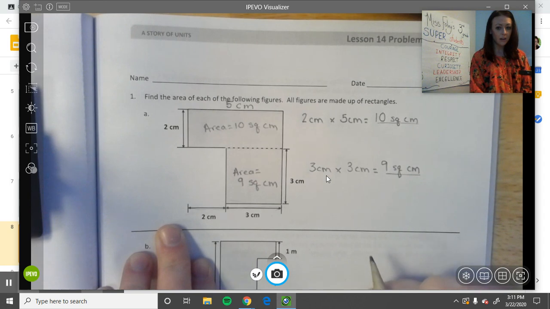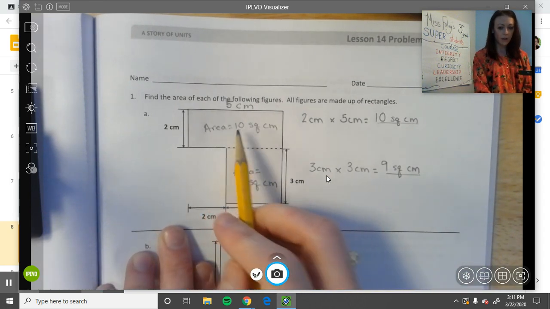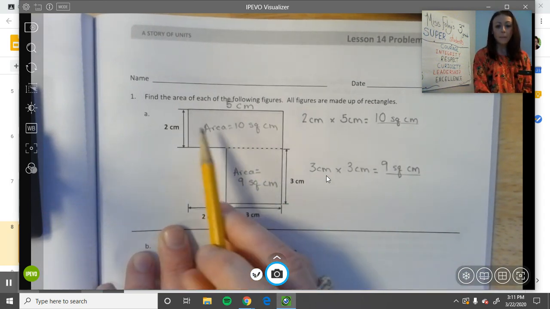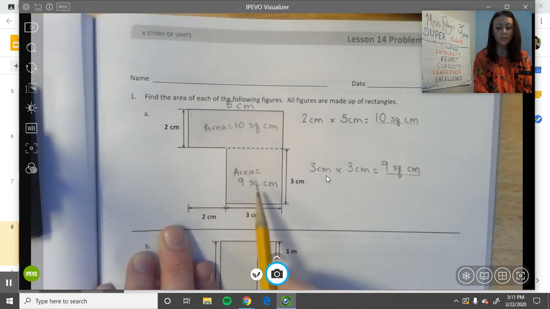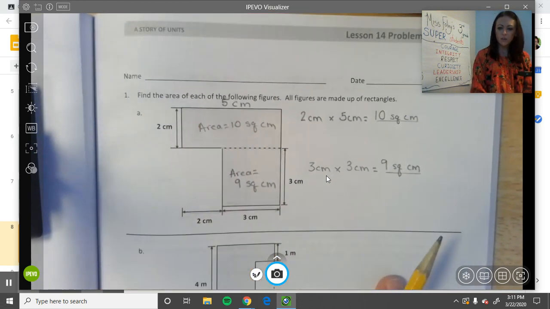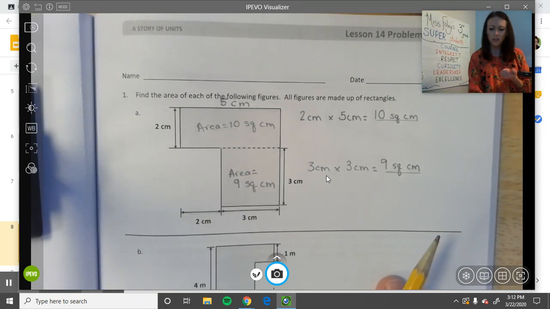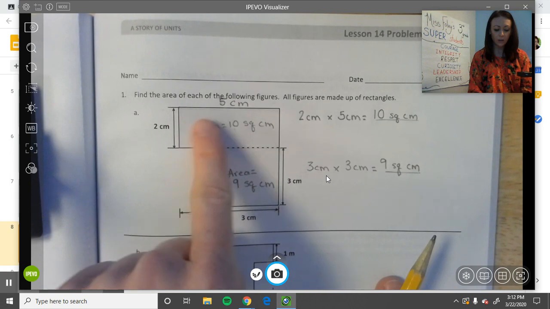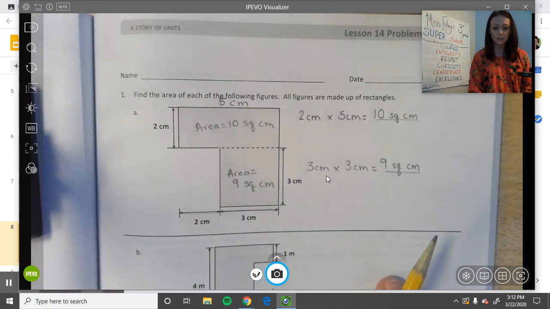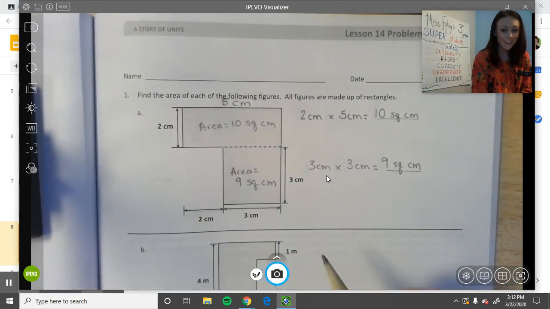Now I'm not done, because I found this individual area and this individual area, but they want to know the total area for this entire figure. So how do I find the total area? Think about what operation I might do when I have the 2 partial areas. I'm going to add them together.